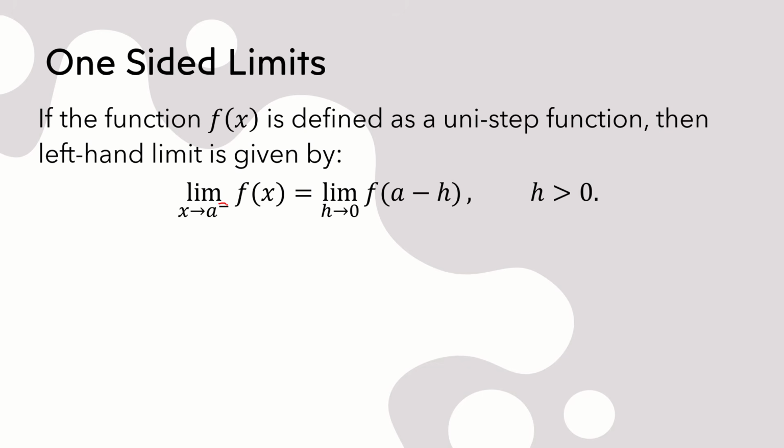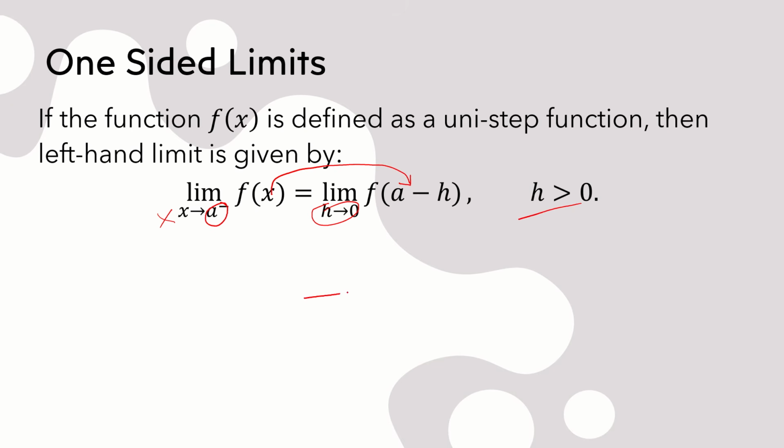This is the symbol used for left side limit f of x. What do we do? We replace this limit x goes to a by h goes to 0, replacing x everywhere in the function by a minus h, with imposing a condition that h is greater than 0.